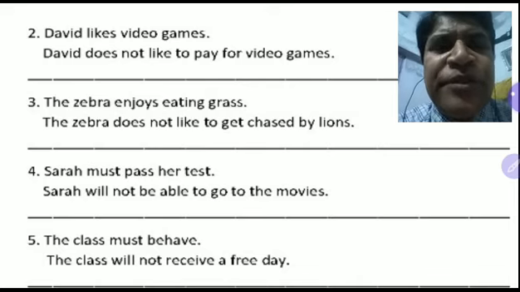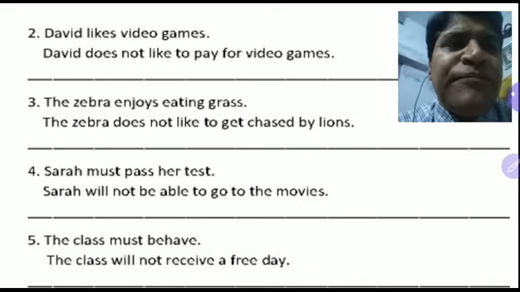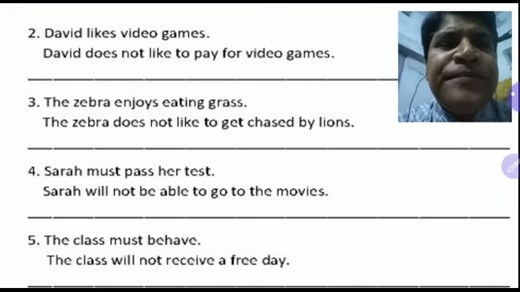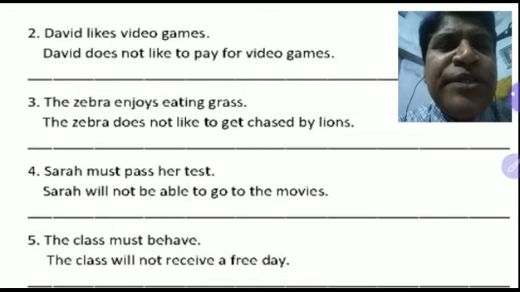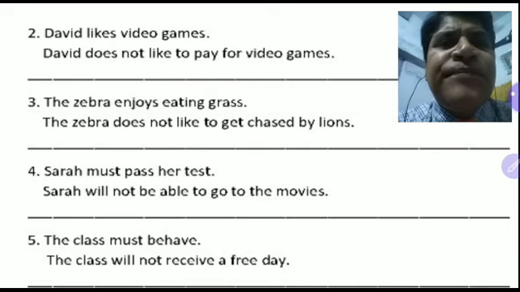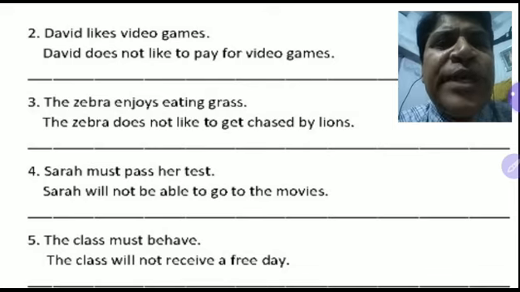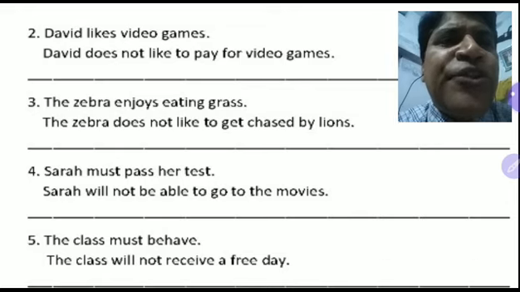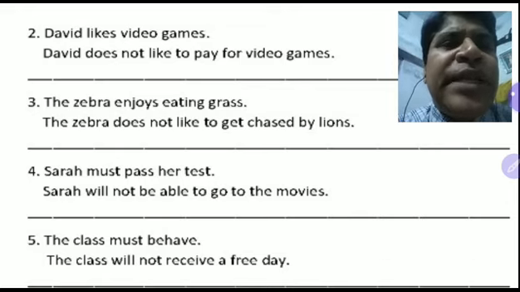David likes video games, but he likes them without paying anything, which is hardly possible because video games are purchased. That's why here but will be the proper coordinating conjunction. David likes video games, but he does not like to pay for them. This is how you have to frame the compound sentence.